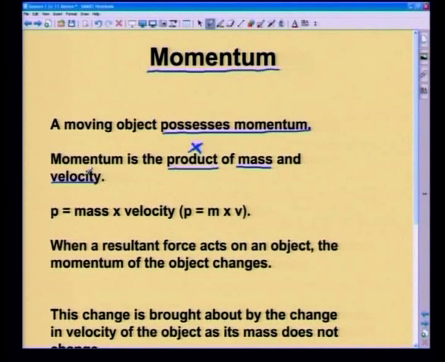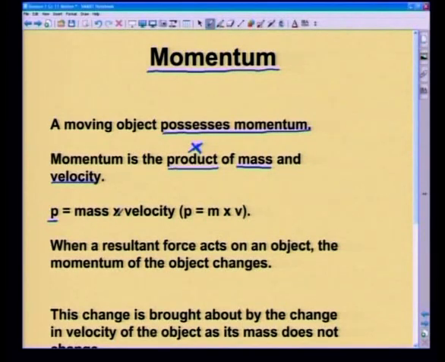When we multiply the mass of the object by its velocity, we get what we call momentum. We make use of small p as a symbol for momentum, and as we know, the symbol for mass is m and the symbol for velocity is v, so p equals m times v.